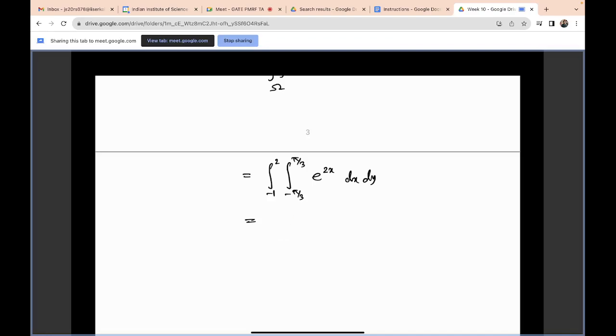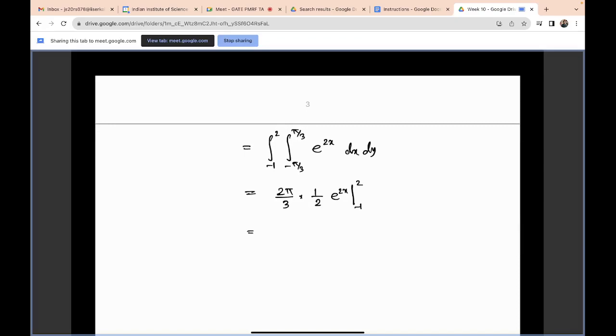In the y variable, the integrand is independent of y, so we first integrate it out. So it will be 2 pi by 3 times the integration of e to the power 2x, evaluated from minus 1 to 2. So it will be pi by 3 into e to the power 4 minus e to the power minus 2.